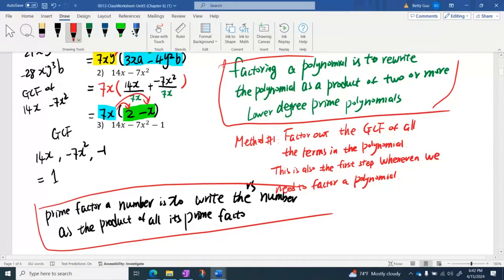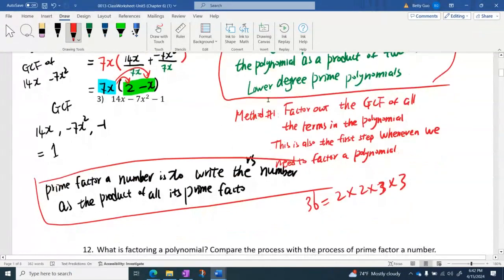For example, 36 equals 2 times 2 times 3 times 3. That is prime factoring a number. And the two processes are very similar. I hope comparing the two processes can help you to remember and understand what is factoring a polynomial. What is the process of factoring a polynomial?